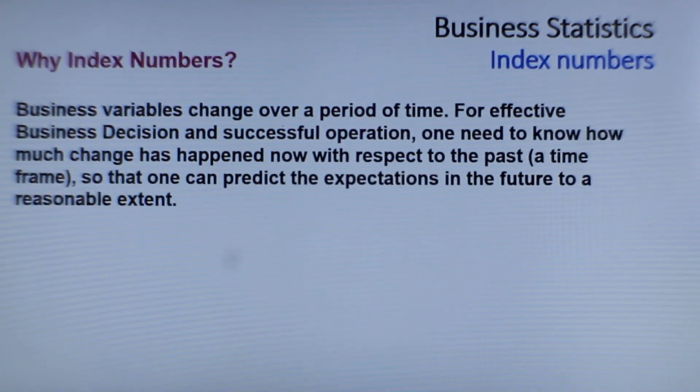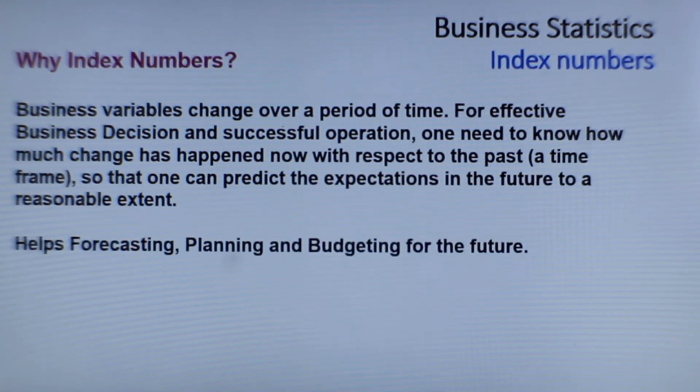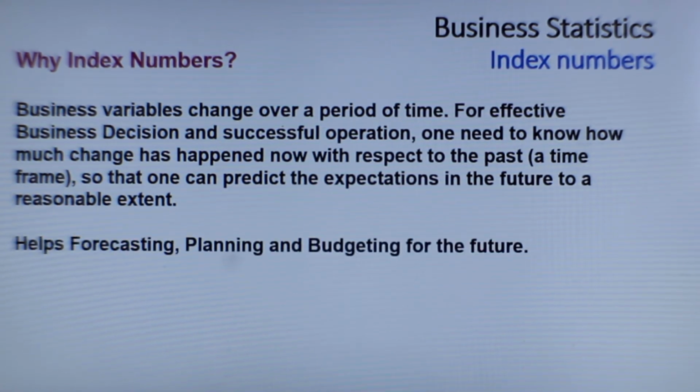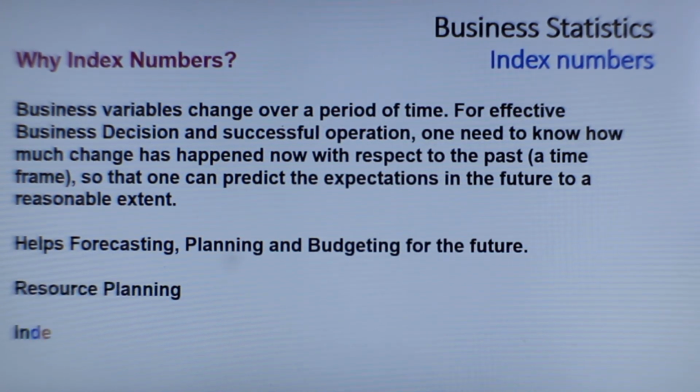Why index numbers? Business variables change over a period of time. For effective business decisions and successful operation, one needs to know how much change has happened now with respect to the past, that is a time frame, so that one can predict the expectations in the future to a reasonable extent. It helps in forecasting, planning and budgeting for the future, resource planning, so many things.